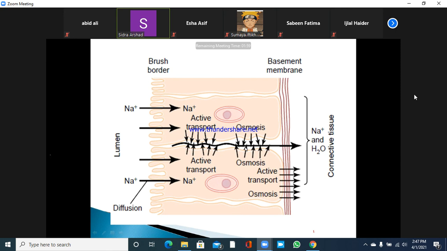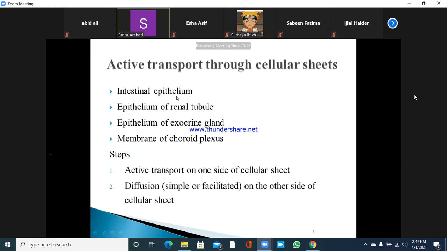So this is what happens when we are talking about the layer of cells which are present in various spaces and various areas of the body, like intestinal epithelium, epithelium of the renal tubules, epithelium of the exocrine glands, because they also release their secretions out of the cells, and membrane of the choroid plexus, which is a plexus or network of capillaries present in the brain.